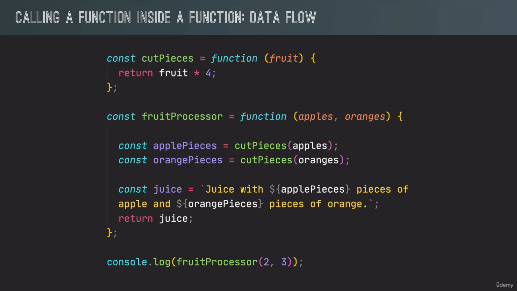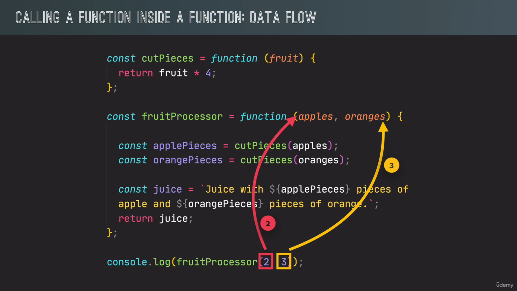So down here we are calling the fruit processor function with the arguments 2 and 3. And as we already know, this will then replace the apples parameter in the function with the number 2 and the oranges parameter in the function with the number 3. So that should be nothing new at this point, right? We are simply replacing the parameter placeholders with the actual values 2 and 3.